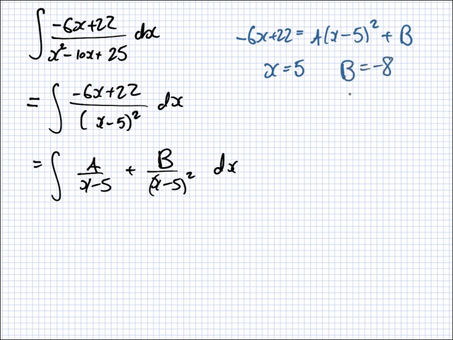Yeah? And then next I should make x equal to 0. So that's 22 over 25a. No.